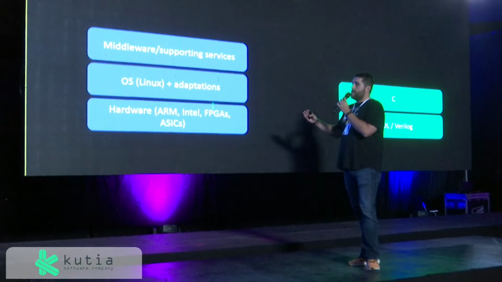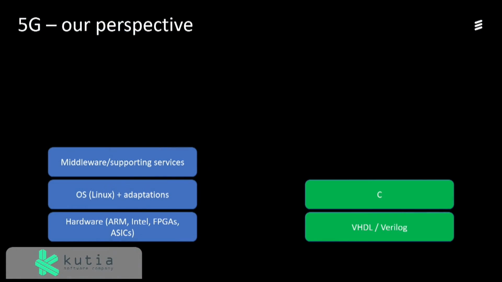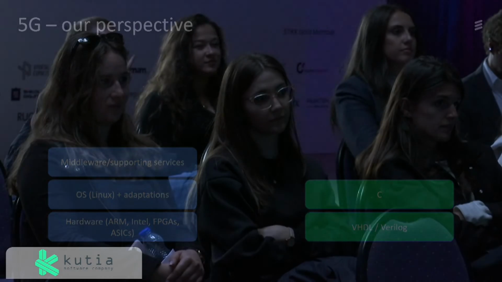Then, on top of that, we are using middleware and supporting services, because our hardware goes through different generations. I mentioned ARM processors. We had them up until a few years ago. Most of our product line used ARM processors. Before that, we used PowerPCs, which not a lot of people are now old enough to even remember. Now we have moved on to Intel.